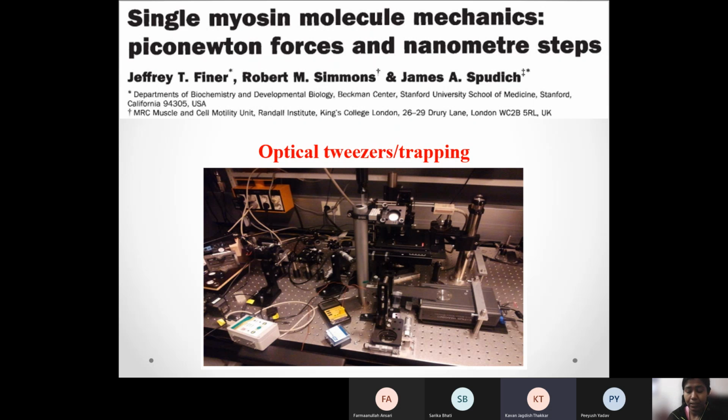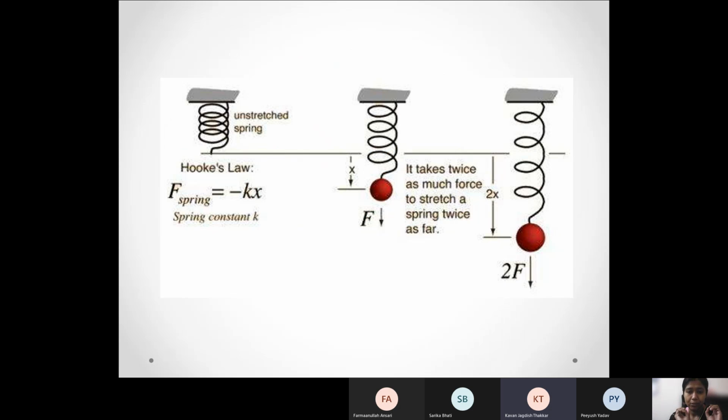You need a microscope for that, and then in the end you need a detection system so that you're able to see exactly how much movement has occurred. Because the entire idea of working with this is finally to see how much displacement has occurred. From displacement you can derive everything. Like what I showed here, if you know the distance it has traversed, you'll be able to get to the force.